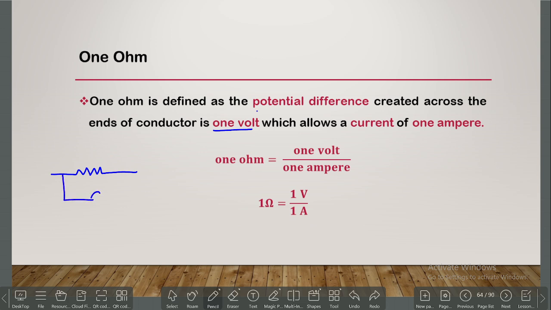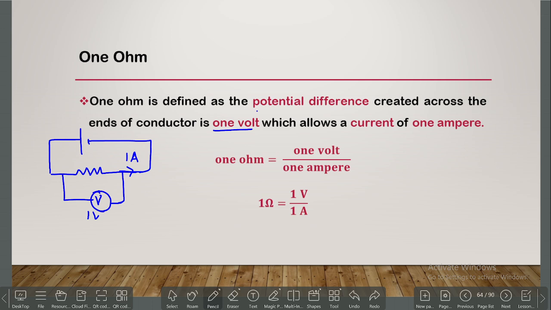In this conductor, 1 volt of potential difference is created, and that too, if 1 ampere of current is passing through the conducting material, that's what we call 1 ohm. So 1 ohm is defined as the resistance of a conductor when a potential difference of 1 volt across its ends allows a current of 1 ampere.